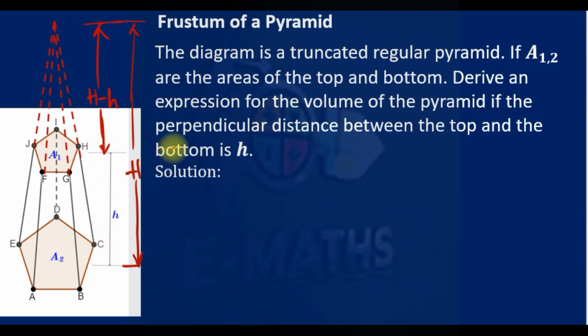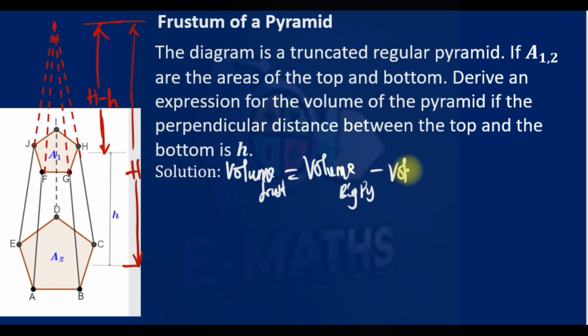We know that the volume of a pyramid is 1/3 base area times the perpendicular height. So the volume of this frustum is now the volume of the big pyramid minus the volume of the small pyramid.